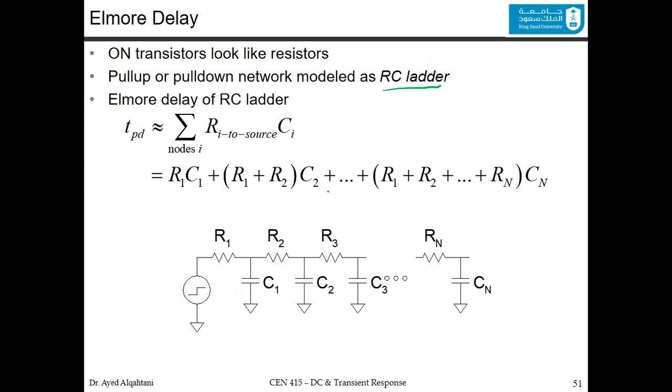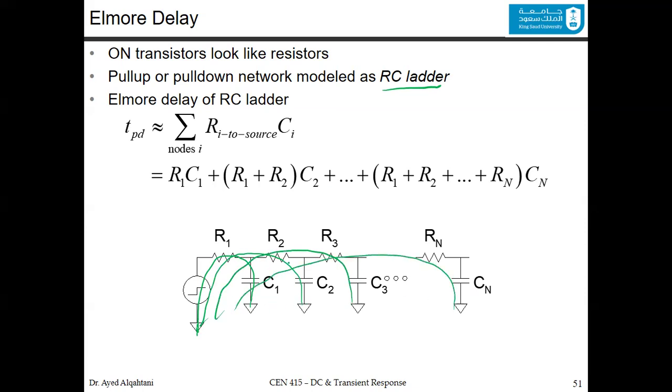Basically, you will have paths for each capacitance. If you are connected to the ground and you want to discharge these capacitors, you would say, okay, I will discharge this capacitance first, it will take some time, and then I will discharge this capacitance, and then this one, and then this one, and so on.